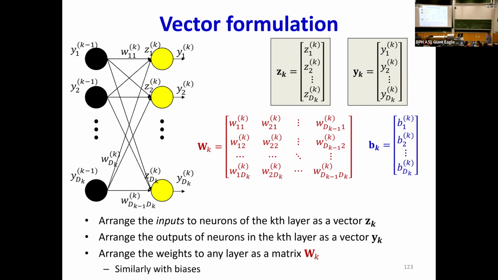So the z with subscript k represents the vector of affine values at the kth layer. Similarly, I can take all of the outputs of these activations and write these as a vector. And so these guys over here are going to form this vector y_k, which is the vector of the outputs of the neurons on the kth layer. So this notation may be clear to you, right? It's just a vector way of representing the entire layer.